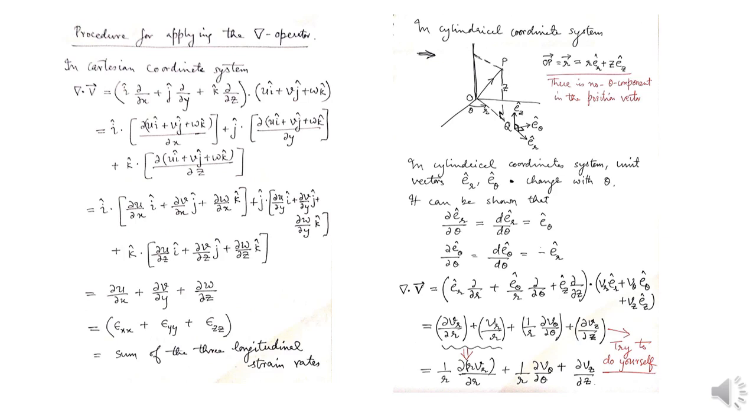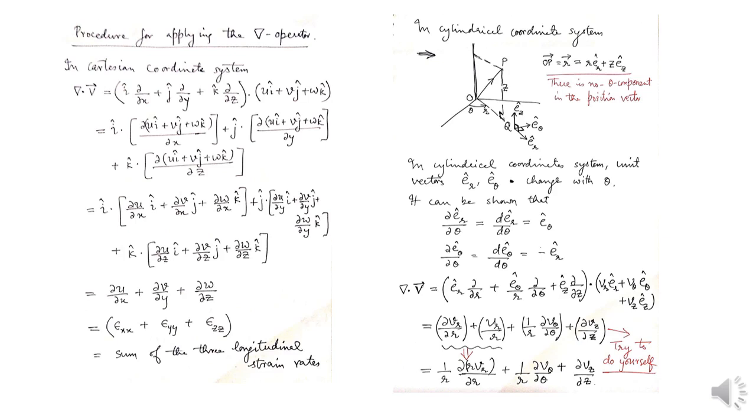So i dot, with del by del x operated on the vector. That is the idea. Similarly, j dot, with del by del y operated on the vector. And similarly, k dot, with del by del z operated on the vector.